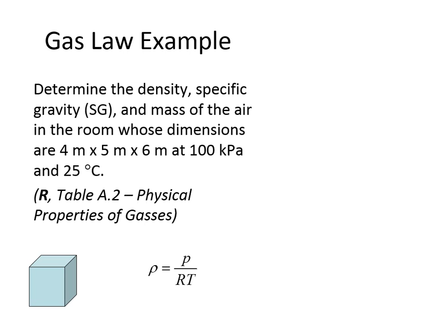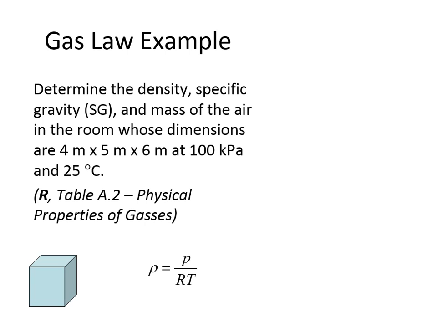In this example, we're going to go through the process of finding the density of the air, and then remind ourselves of the definition of specific gravity. SG, or specific gravity, is something that we talked about very briefly in class last time. We'll apply that to calculate the specific gravity of that air, and also, knowing the volume of the room, calculate the mass of air. All right.